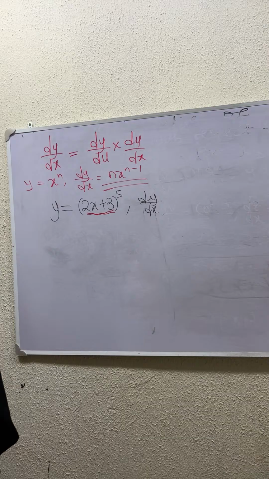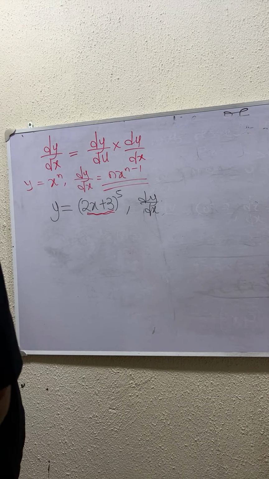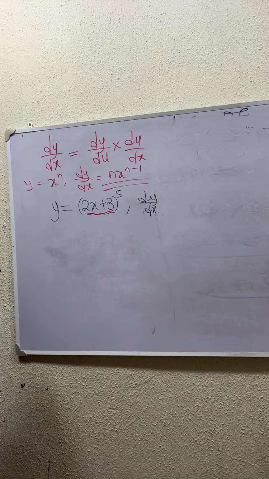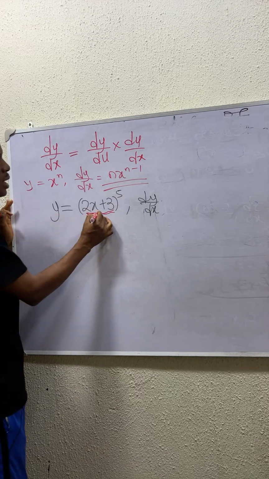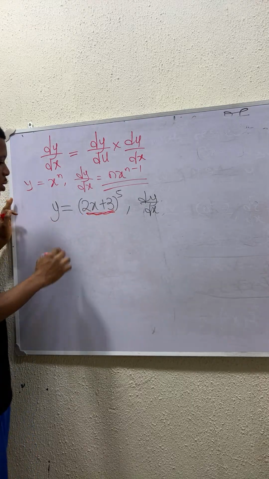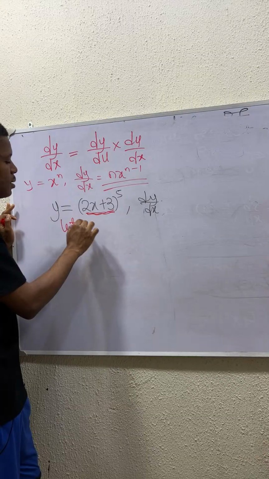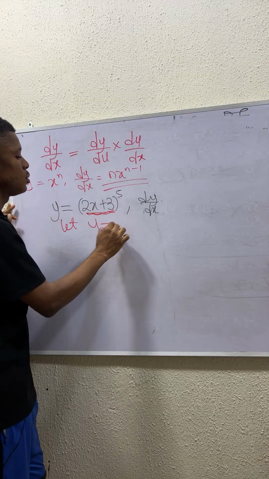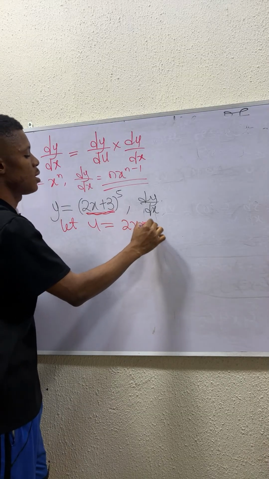So the first thing you have to do to differentiate this type of problem is to make the term in the bracket your u. So we can say let u be equal to 2x plus 3.